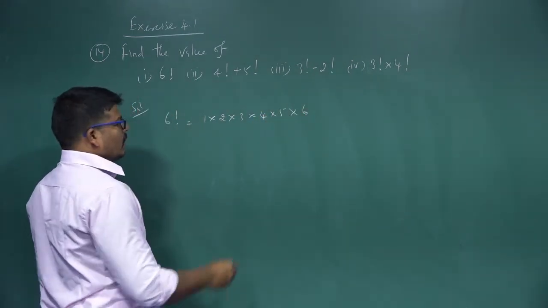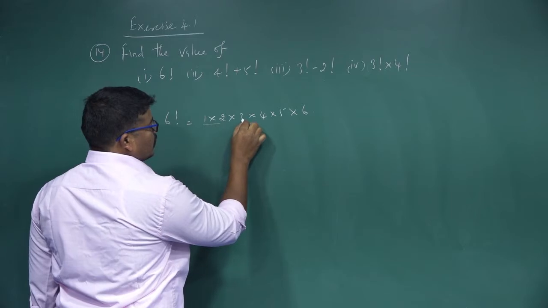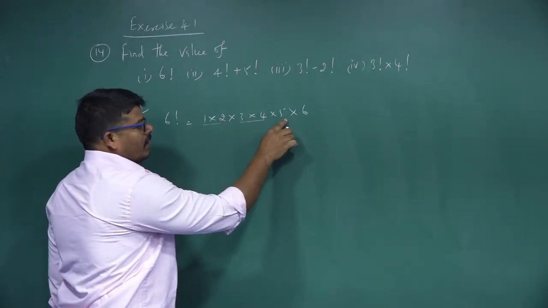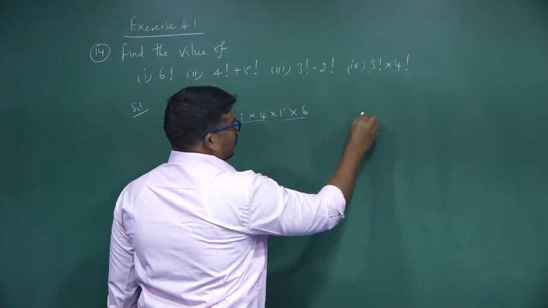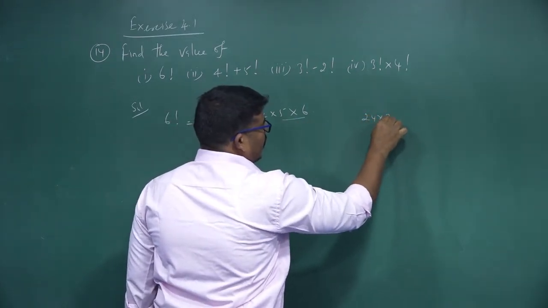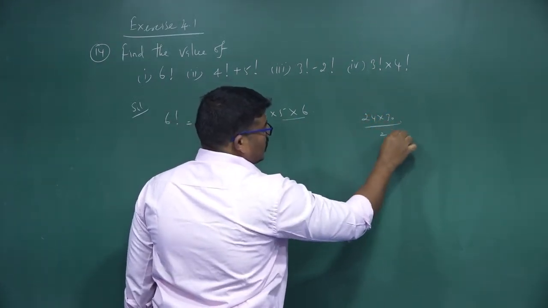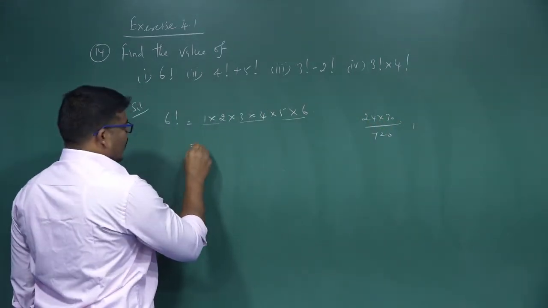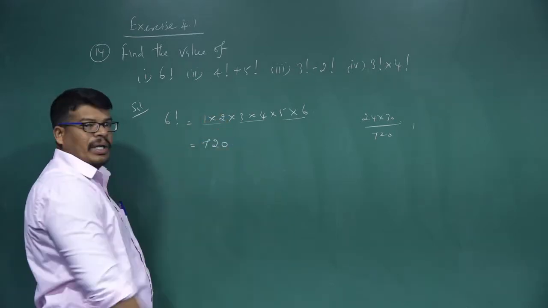Multiplying, we get 720. So 6 factorial is 720.